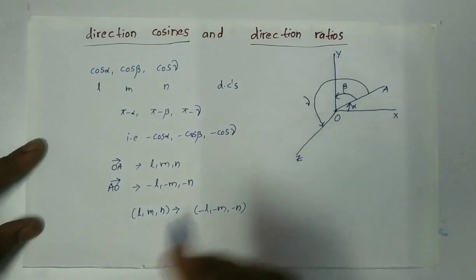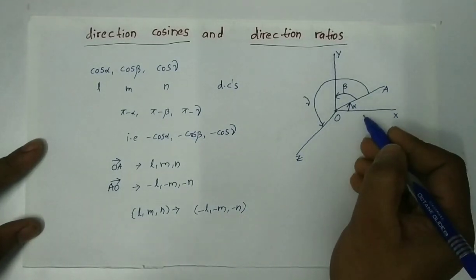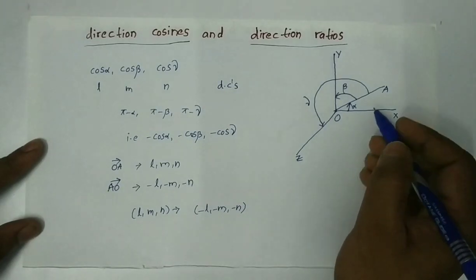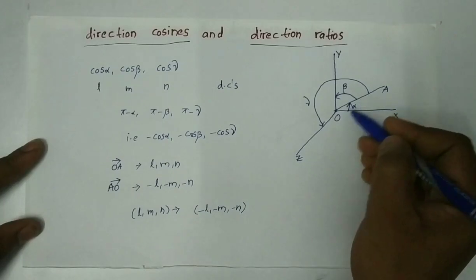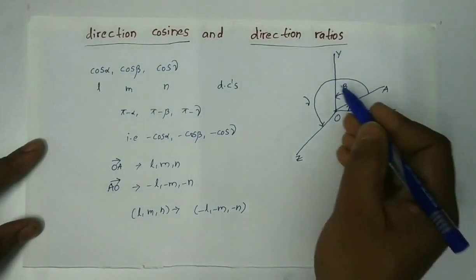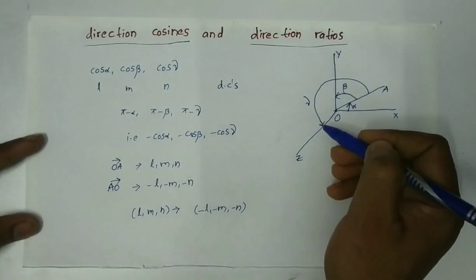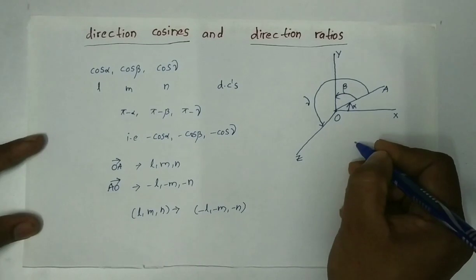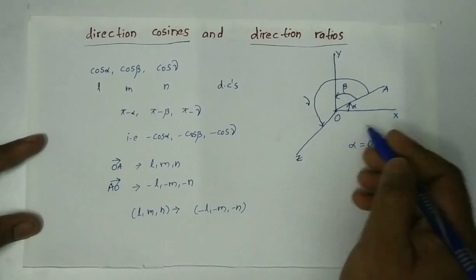Suppose the line OA coincides with the x-axis and is perpendicular to the y and z axes. Then what is the angle alpha? Alpha is 0, because the line OA coincides with the x-axis.